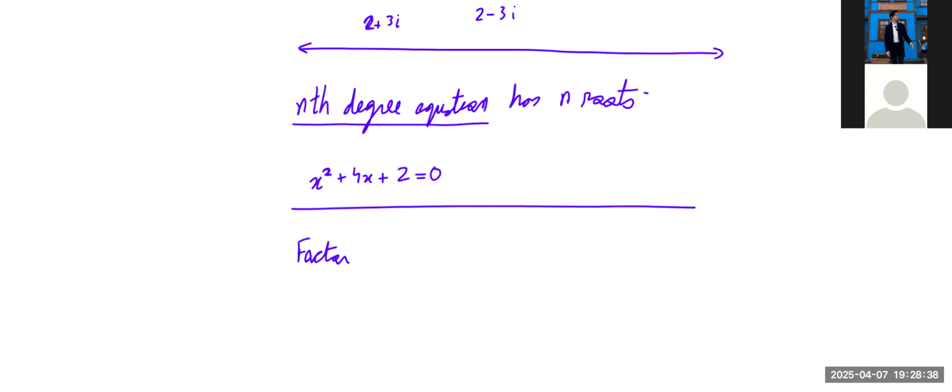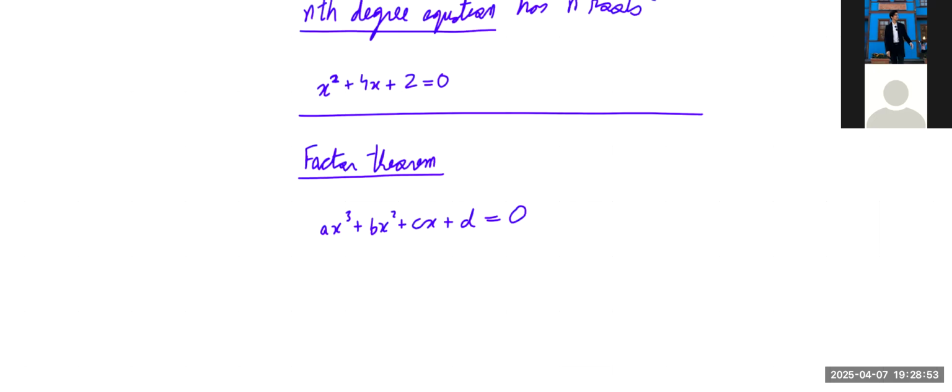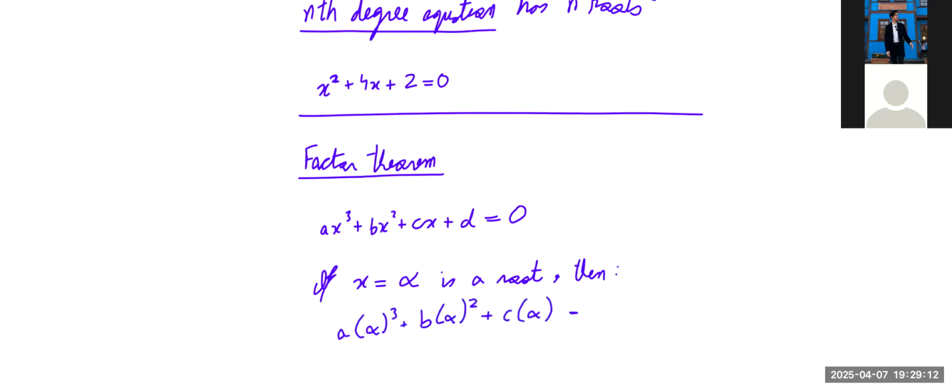The factor theorem says that if you have an equation like ax cubed plus bx squared plus cx plus d equals 0, and alpha is a root of this equation, then a alpha cubed plus b alpha squared plus c alpha plus d will always equal 0.